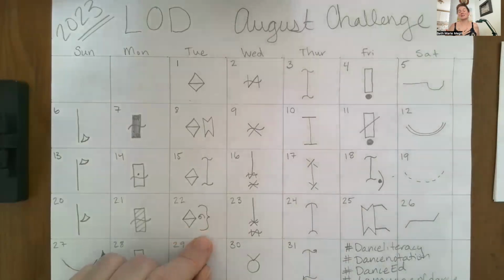Now I think this is one of the really interesting categories of dynamics in Language of Dance, because it talks about emotion. And we talk about emotion when we're teaching dances, when we're making dances. We often will direct our students or our dancers to elevate their emotional engagement, or tamp down their emotional engagement, right?